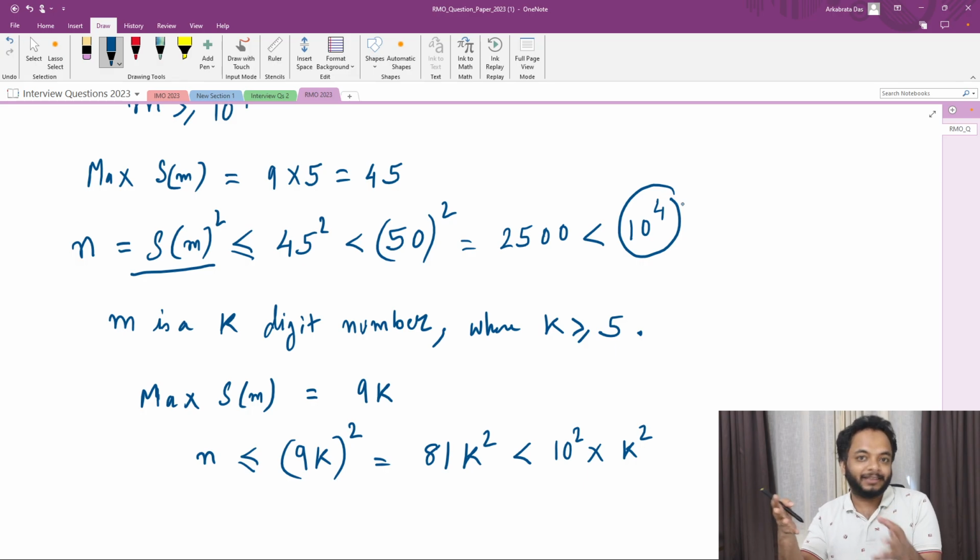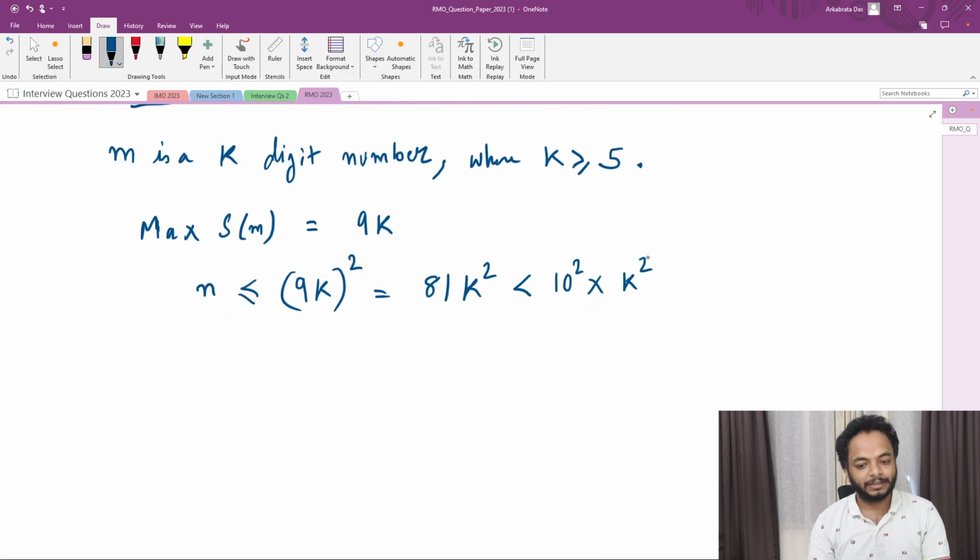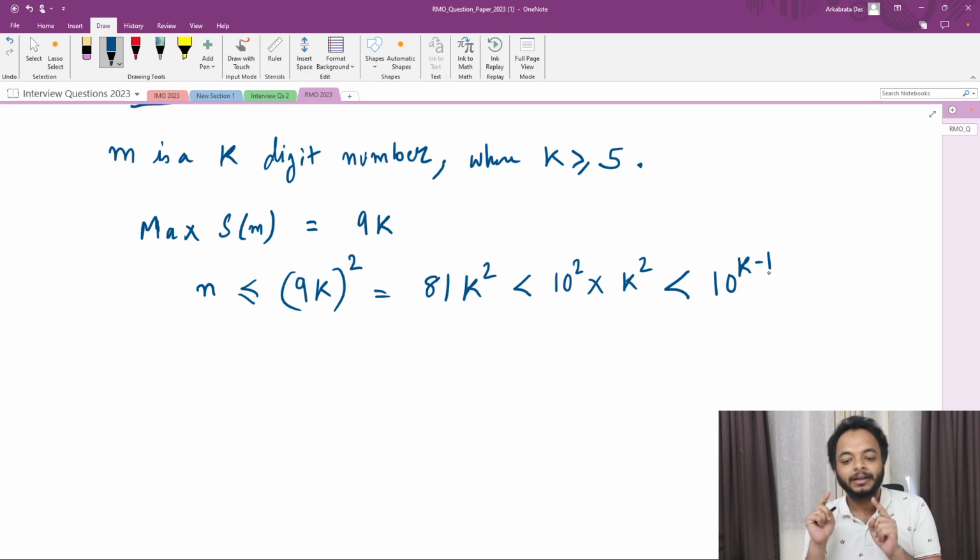So I was able to show that n is strictly less than 10 to the power 4. Here my idea is to show that this product is strictly less than 10 to the power k minus 1. This is my claim. Now try to backtrack and think: for k, what condition should I input?